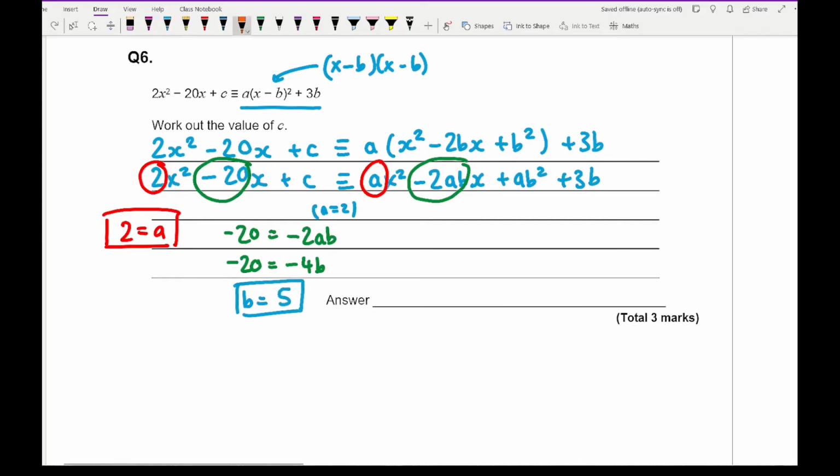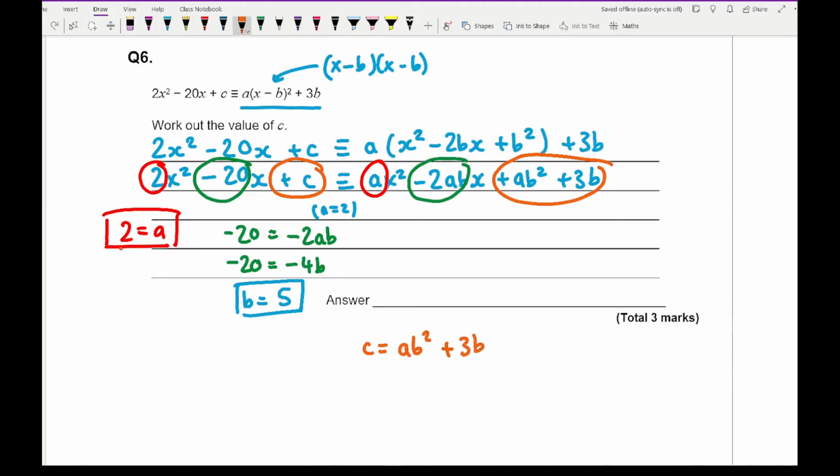Now finally looking at the constants, so here I've got everything that hasn't got an x, I'm just going to highlight. Everything that hasn't got an x on the right hand side is all of this, which looks a complete utter mess. But here we've got c equals, let's get rid of that because I was looking at the wrong thing. So here I've got ab squared plus 3b.